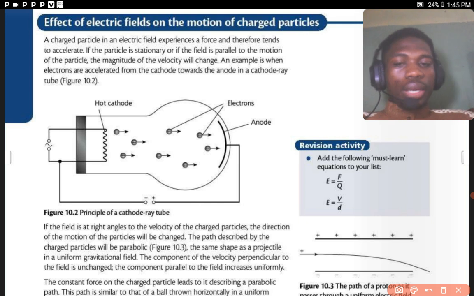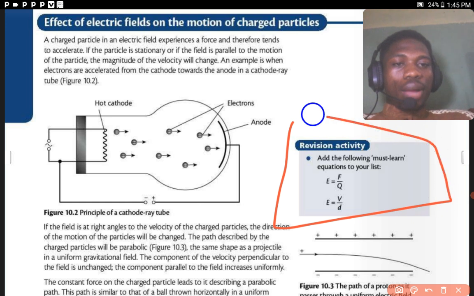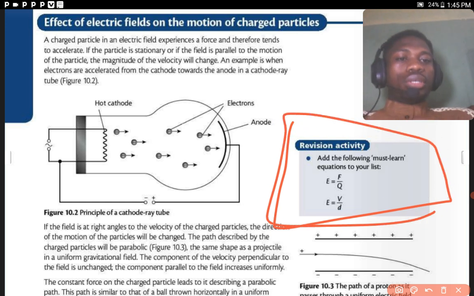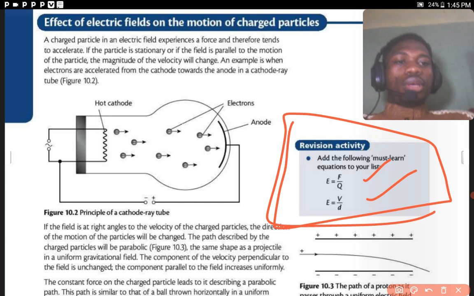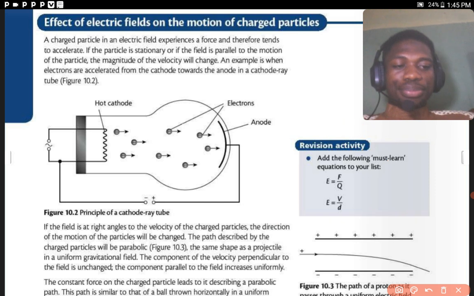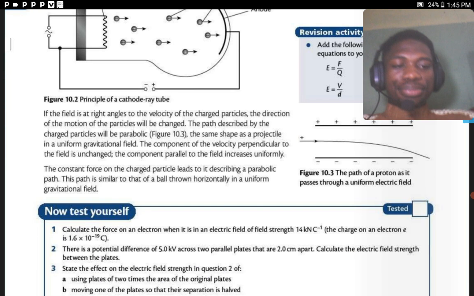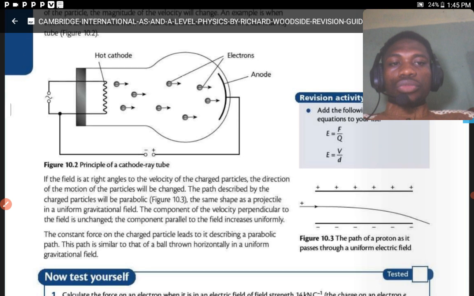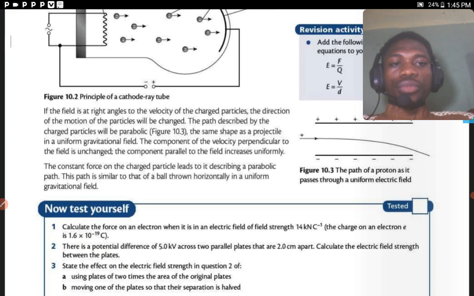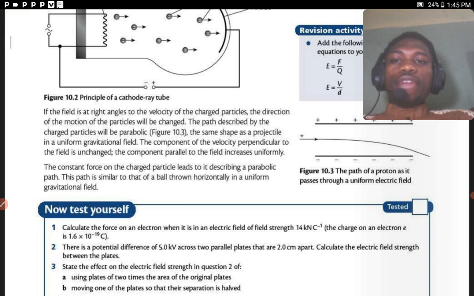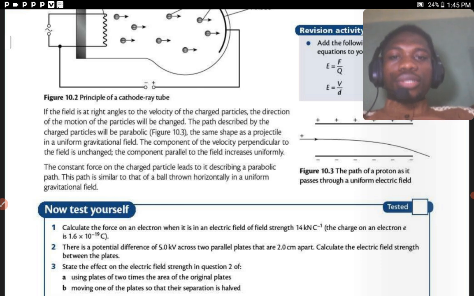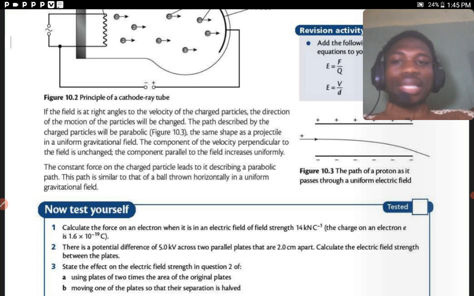Now, when you come down here, I said you should add the following must-learn equations. This equation and this equation. As we are going down, make sure you still remember them because they are of cardinal importance for you. I want you to know that if the field is at right angles to the velocity of the charged particle, the direction of motion of the particle will be changed.